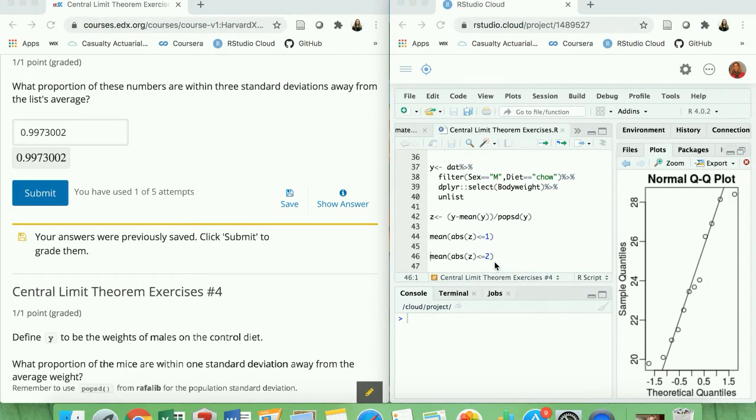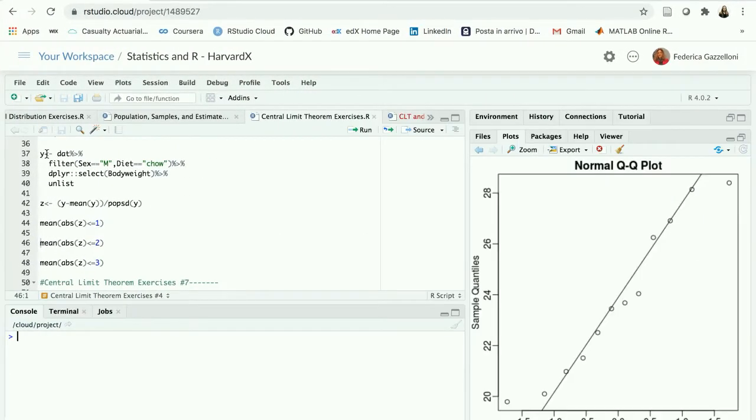Okay, to end this exercise, we have calculated our variable y. And then we need to transform this variable as a normal distribution. So we take its mean off and then divide it by the population standard deviation.